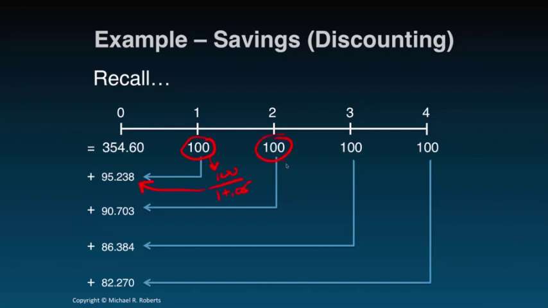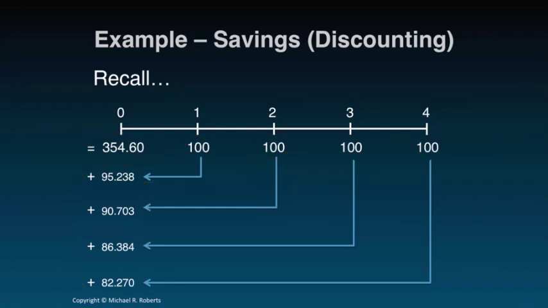Then we took the second cash flow, 100 divided by 1 plus 0.05 squared, that's a 2. And that got us the second cash flow, and so on, and then we could add these cash flows because they're all in the same time 0 units, and that produced our answer of 354.60.